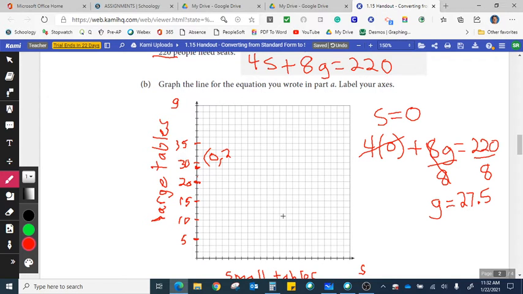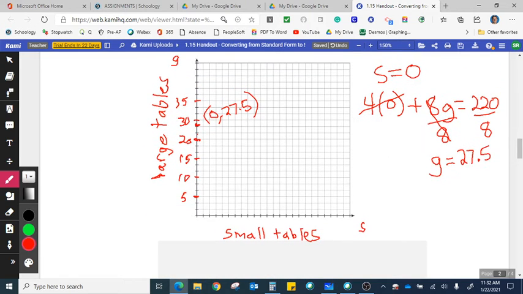And 27.5 on the large tables. 0 small tables, 27.5 large tables. Now if we say the large tables are 0, we just plug the 0 into the other variable.